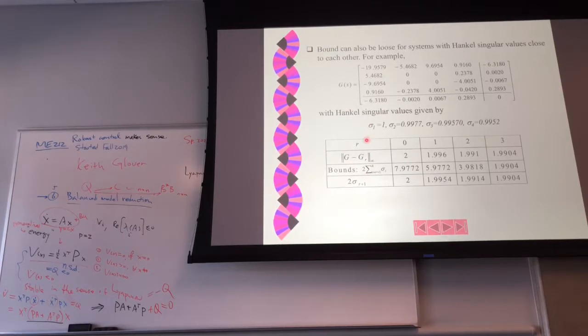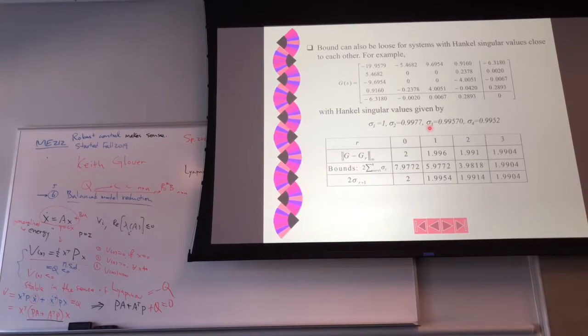You can see that the estimation of the norm can be loose for a system with Hankel singular values close to each other. So sigma r plus 1 is small, and the bounds can be big.